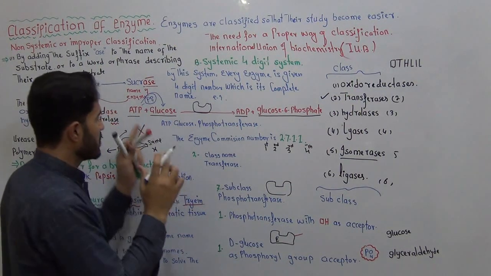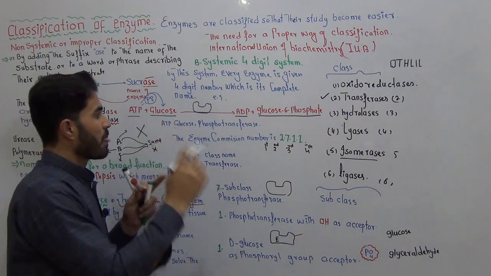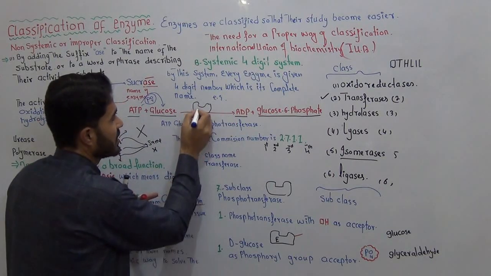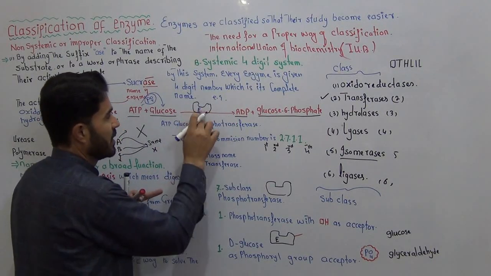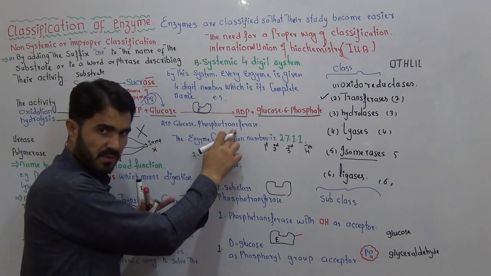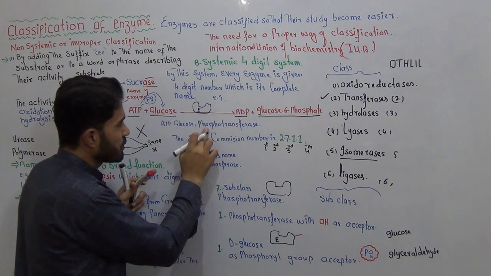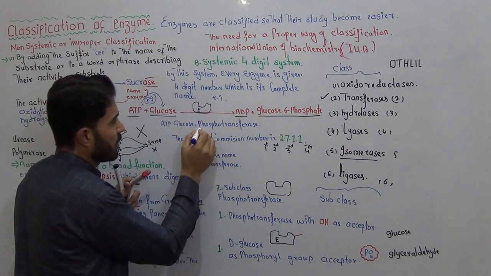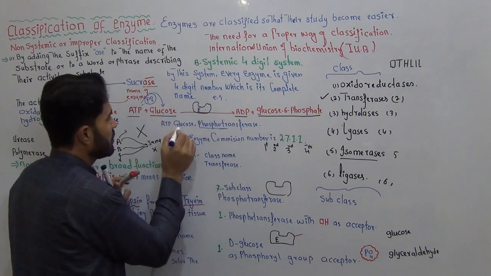This is a very simple reaction. Now, by the help of which enzyme is this reaction taking place? This is the enzyme. I will write here E. The name of this enzyme is ATP glucose phosphotransferase, because this enzyme will transfer a phosphate group from ATP toward the glucose.